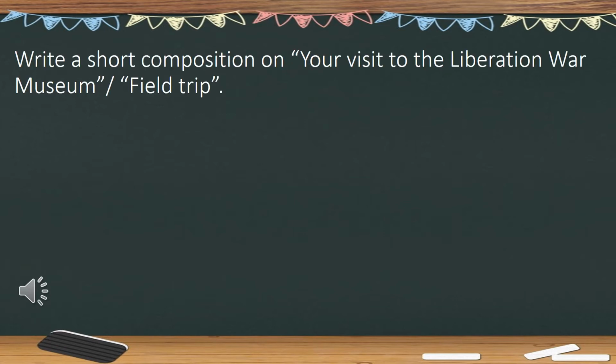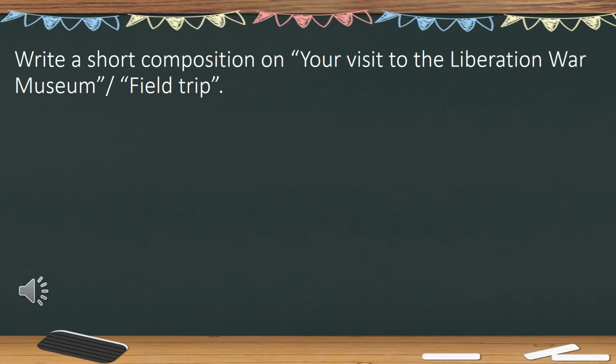Here we can see: write a short composition on your visit to the Liberation War Museum or field trip. As I said previously, the topics your visit to the Liberation War Museum and field trip will have the same answer.